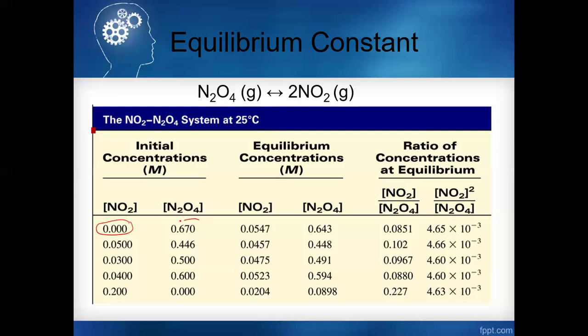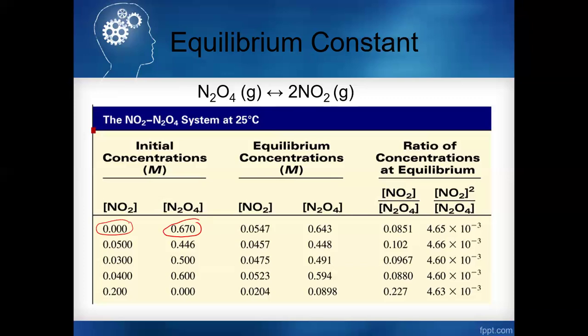But because this is a reactant, there is an initial concentration, because this is you in the lab. You know, okay, I'm going to put this concentration of N2O4 in the vessel. You know its concentration. It is a known concentration initially.